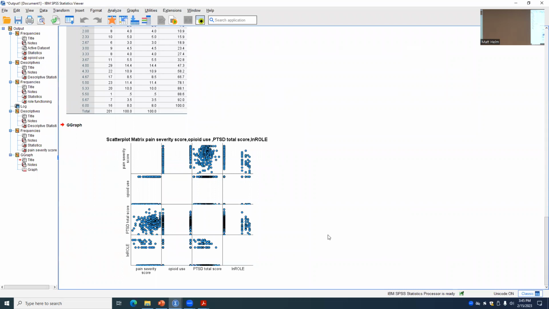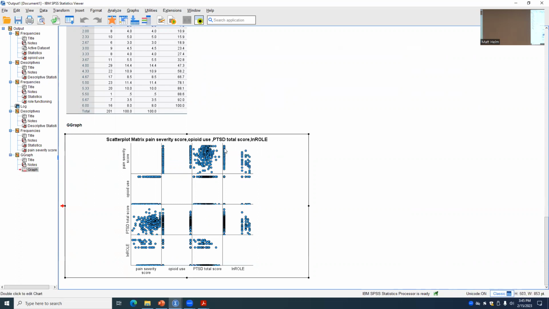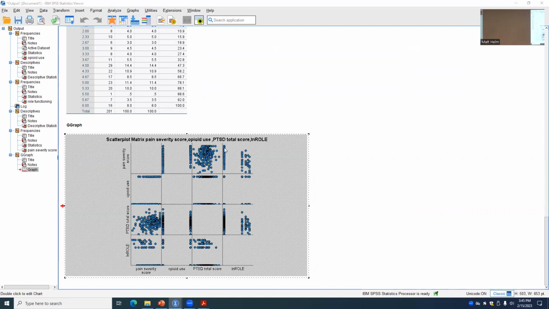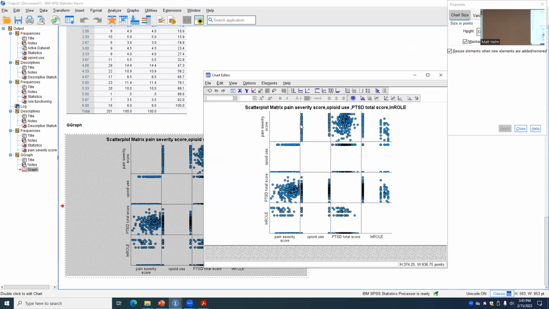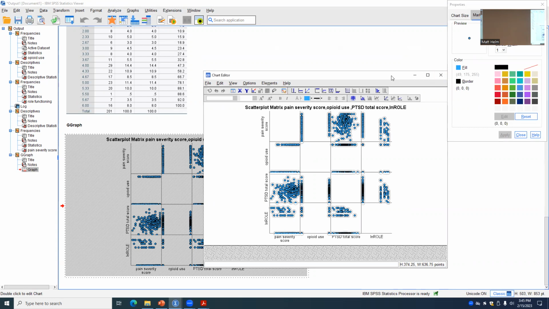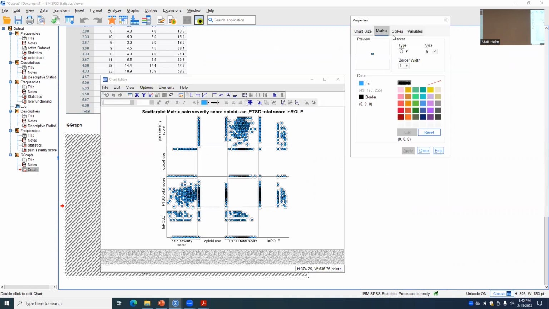Now this is fine, but it's a little cartoonish and it's hard for me to see what's happening. So I'm going to do some stuff to make it better. I'm going to go to an individual dot here and double click, and it's going to bring up an option for me to change.